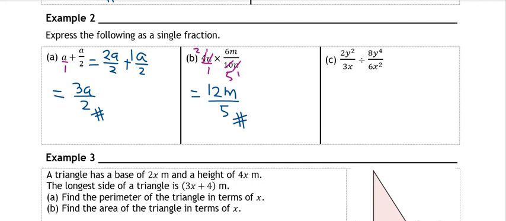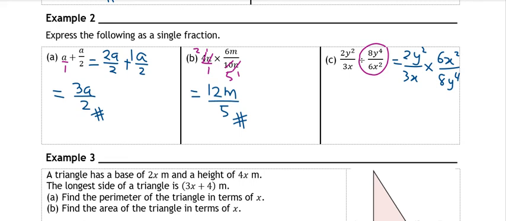Right, last but not least, 2y squared over 3x divided by 8y to the power 4 over 6x squared. Do not be afraid. Just do the basic thing: when you have a divided fraction, you change it into multiply and take the reciprocal of the fraction. So 2y squared over 3x multiplied by 6x squared over 8y to the power 4.